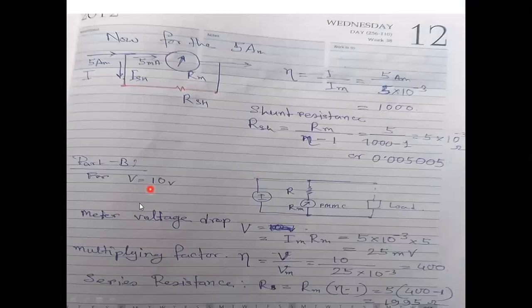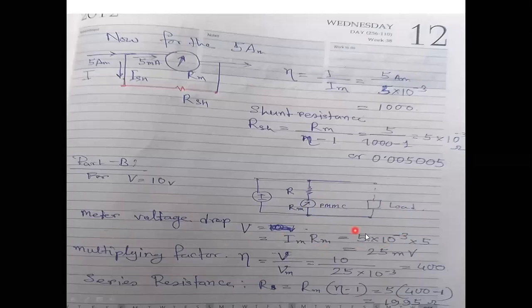Now, this is for 10 volt measurement. Look, here the plus minus voltage is there, and here we attach a PMMC meter in series with a resistance R, which is connected in the parallel case. Then we can measure the voltage, and load may or may not be connected. So meter voltage drop Vm is Im into Rm, which is 5 into 10 to the power minus 3.